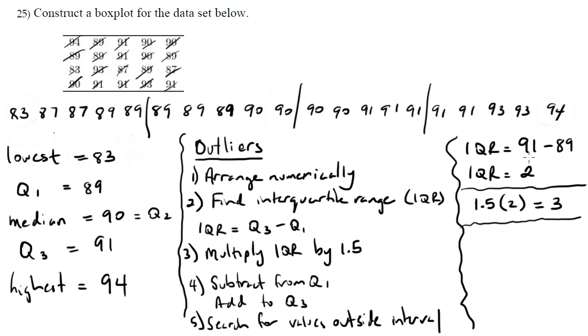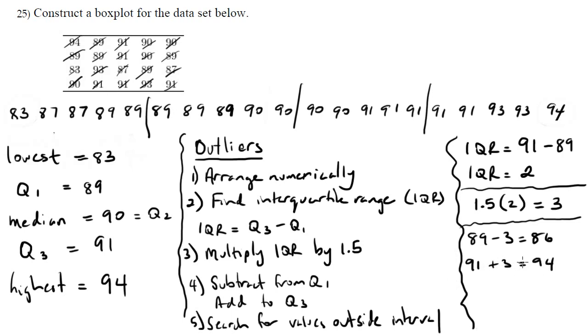Now subtract 3 from Q1. 89 minus 3 is 86. And add that value to Q3. So that's 94.